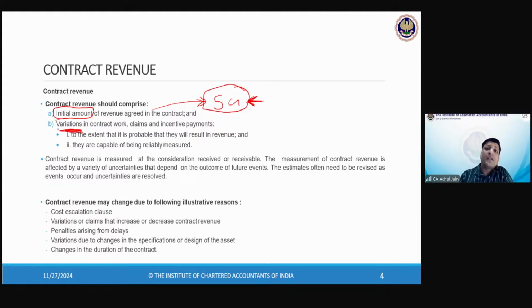You are the customer and you want this building constructed in 2 years, without any delay. But generally there are delays, because it's a complex contract and not easy to complete on time. So what do you want to do? You want to give an incentive.